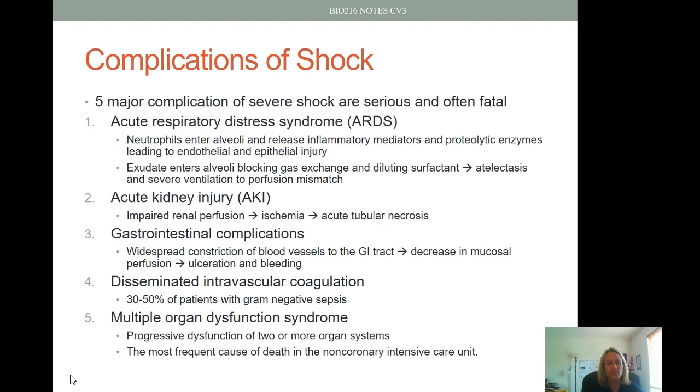We can get disseminated intravascular coagulation, and this is particularly common in patients with gram-negative sepsis, about 30 to 50% of patients. And then multiple organ dysfunction, when we have progressive dysfunction of two or more organ systems. This is the most frequent cause of death in the non-coronary intensive care unit.